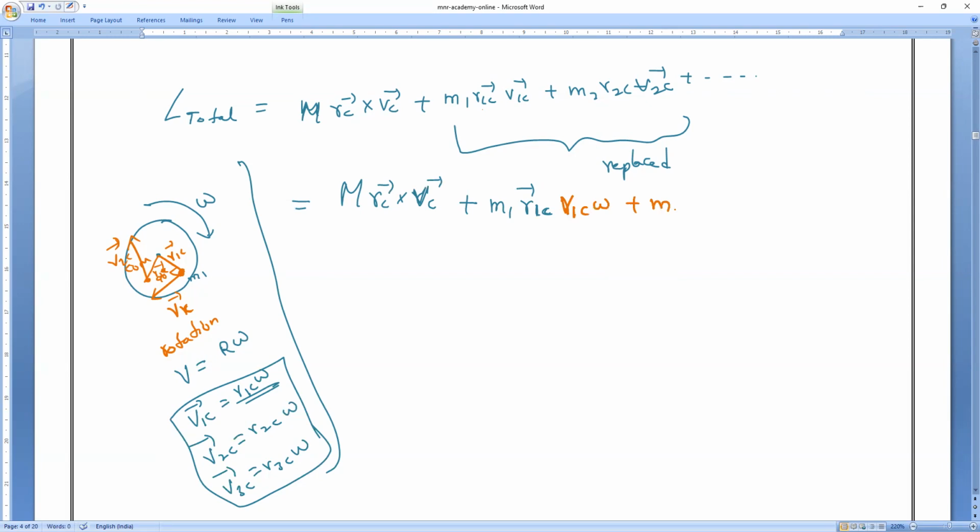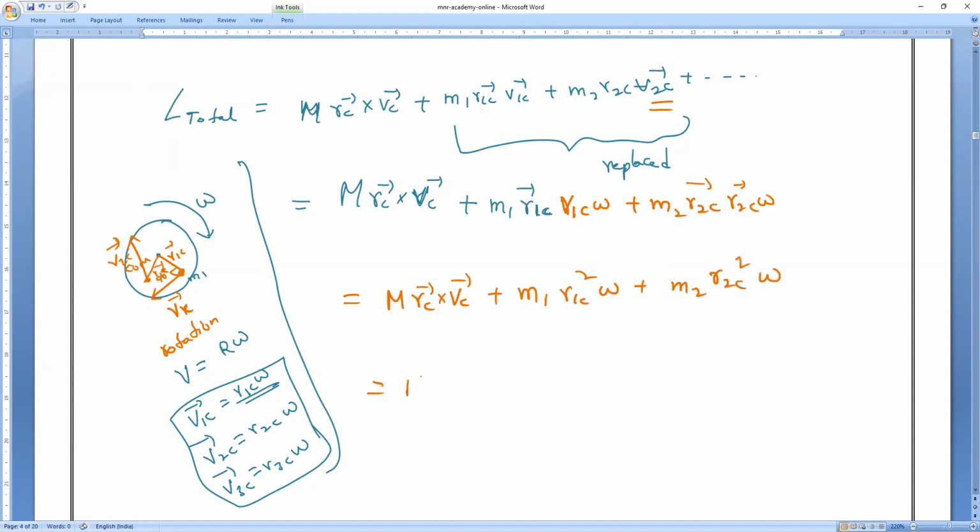Plus next M2 into R2C, in place of V2C, what can I write? R2C omega. Clear? So which is equal to M into RC into VC plus, you can notice, M1 R1C square omega plus M2 R2C square omega.